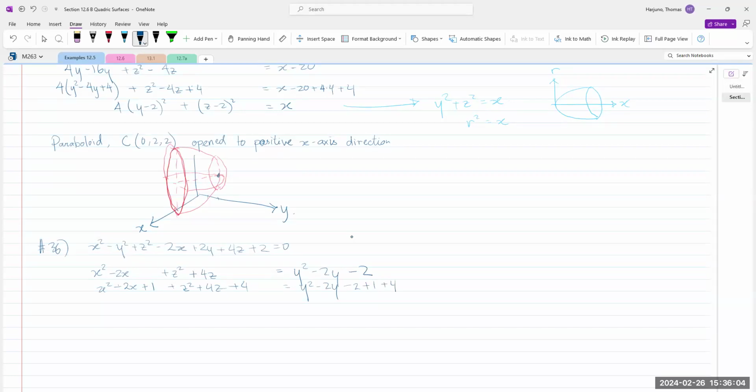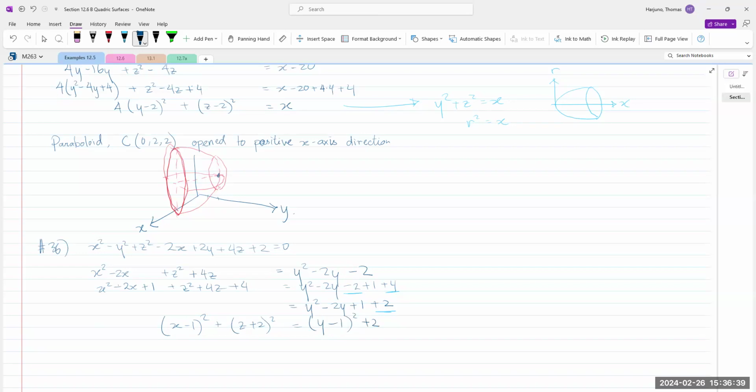Now the thing is I need to complete the square on the y also though. So let's just do it this way then. Minus 2y plus 1 plus 2. How about that? In other words, I combine these two guys here to make it plus 2. Now I end up with (x minus 1) squared plus (z plus 2) squared equals (y minus 1) squared plus 2.